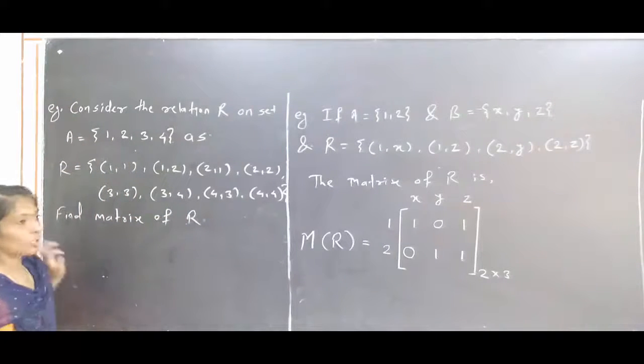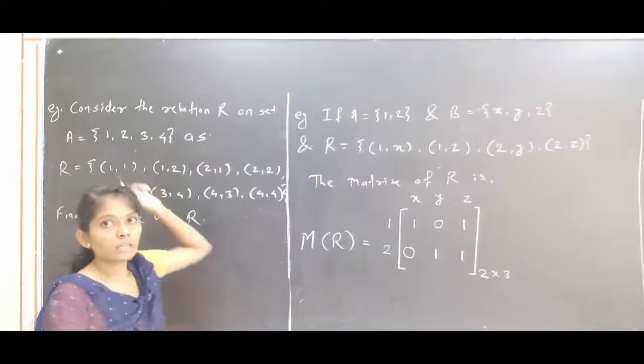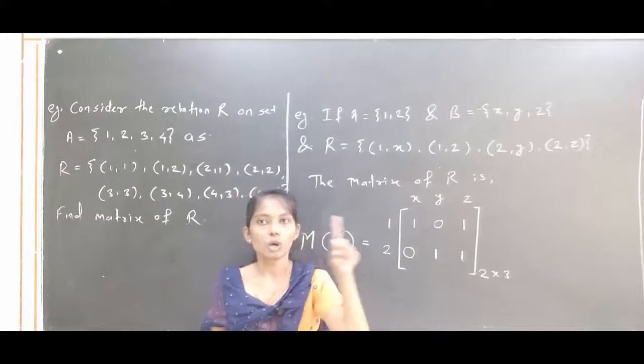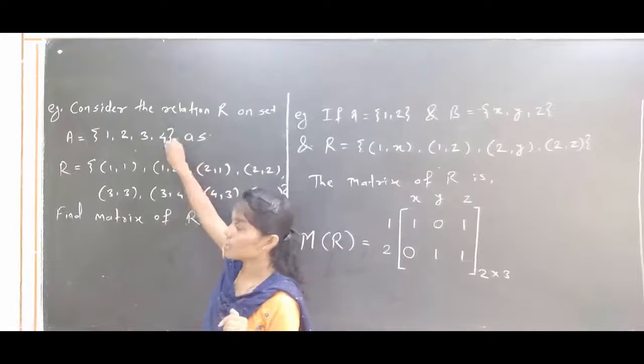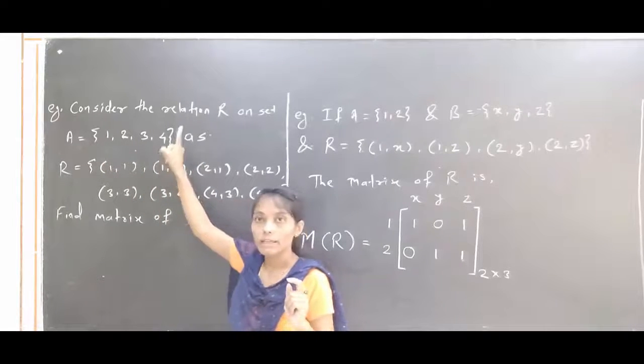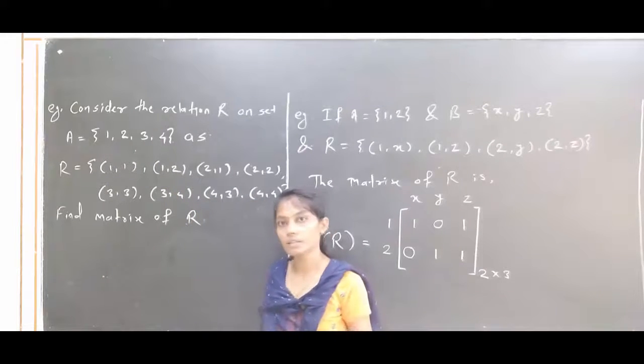Set A contains 4 elements, so rows represent elements of A as well as columns. So order of matrix is 4 by 4.